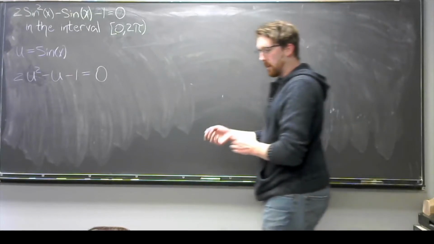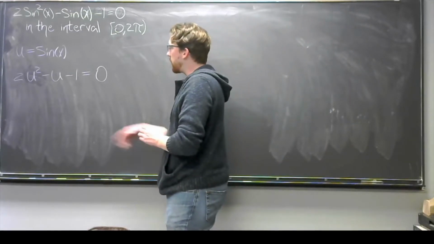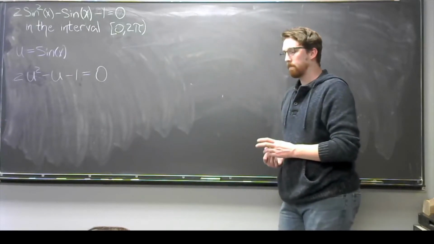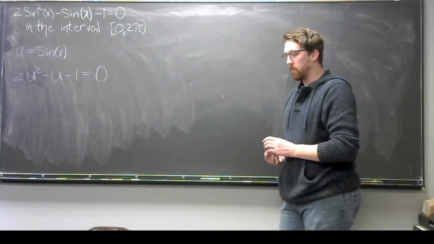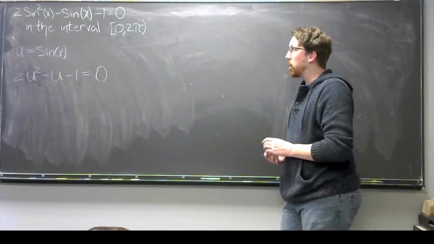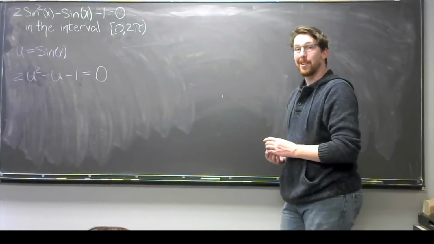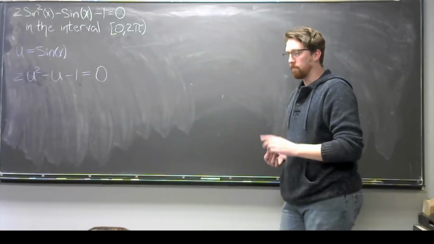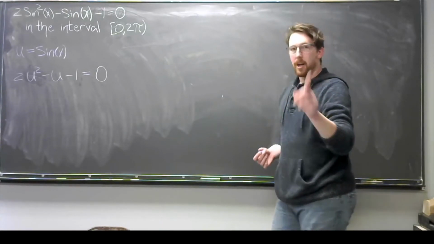To solve this, we're going to want to factor it out into 2 parts. Our factors here are going to be 2u minus 1 and u plus 1, right? I take that back.